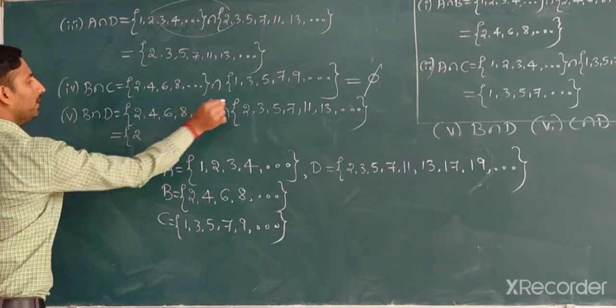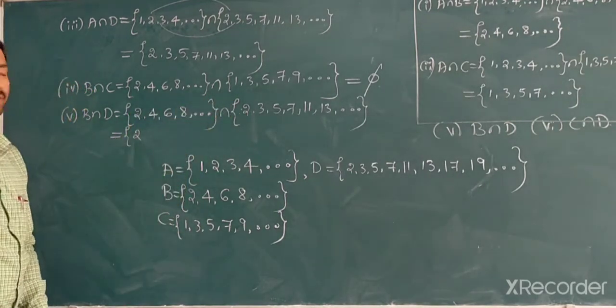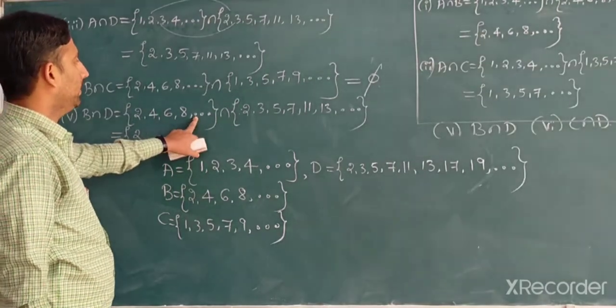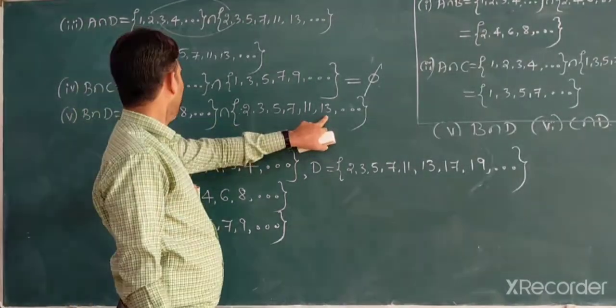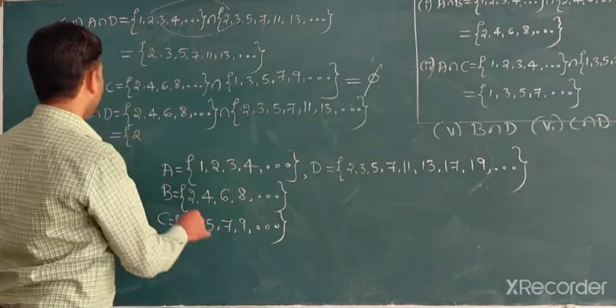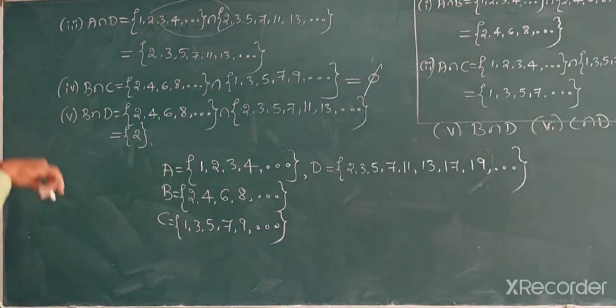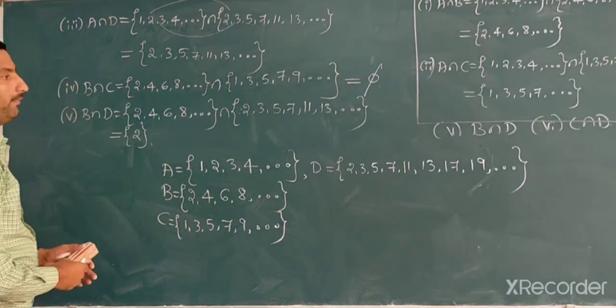Intersection means 2 is common. 4 is not common. Therefore, singleton 2 is the only set which is common for both B and D.